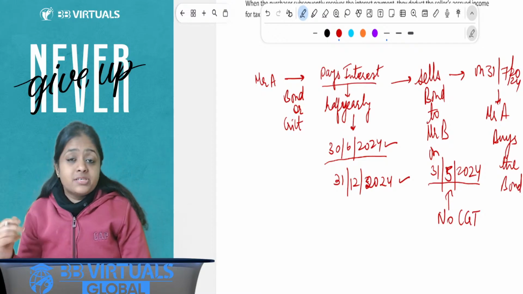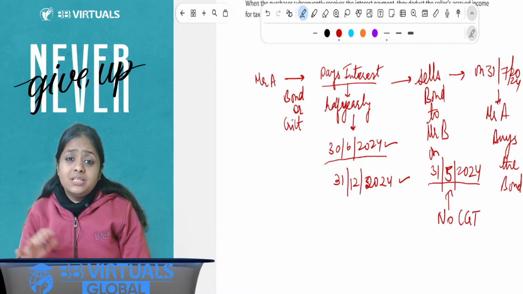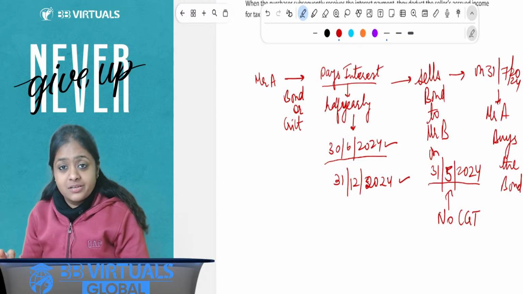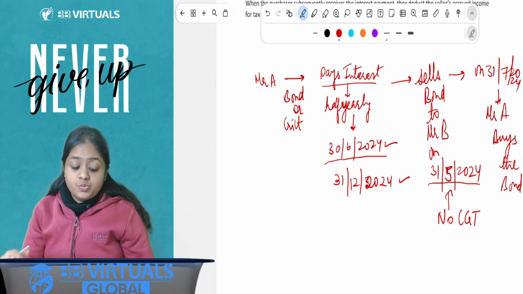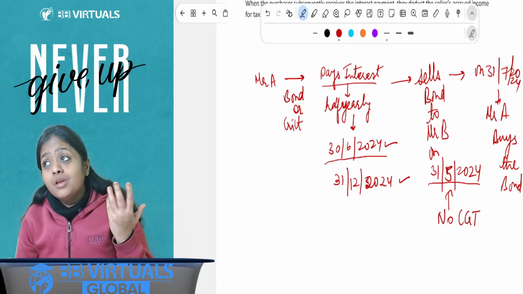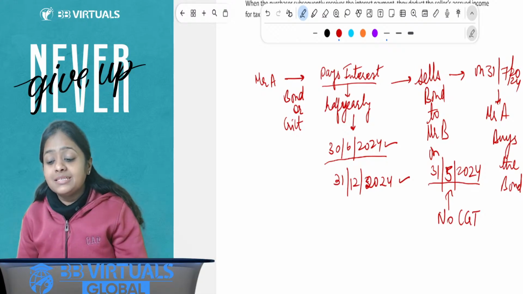So now again Mr. A has got a bond. Maybe he wants to keep it as security and all. So he can still use it for 3-4 months and then he will sell it again before the interest date. So you can see that this was a continuous approach that Mr. A was adopting in order to ensure that he's not having any income taxable in his hands.